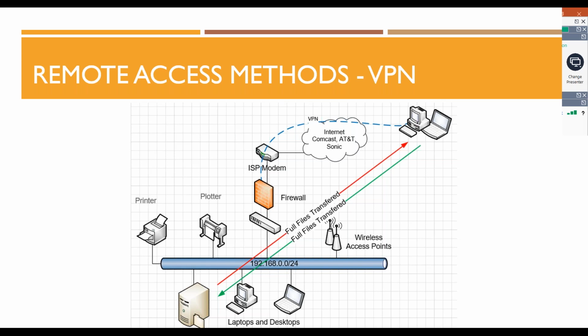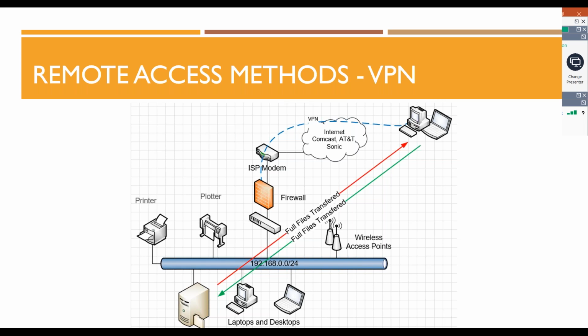So if you see the diagram here, there is this blue dotted line, which is your VPN tunnel. So VPN creates a secure tunnel for you to transfer data between your computer and your office network. And your computer has full access to your office network. So it makes it seem like you're fully on the network, even though you're remote.